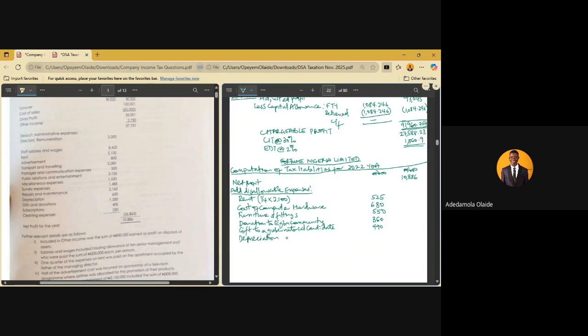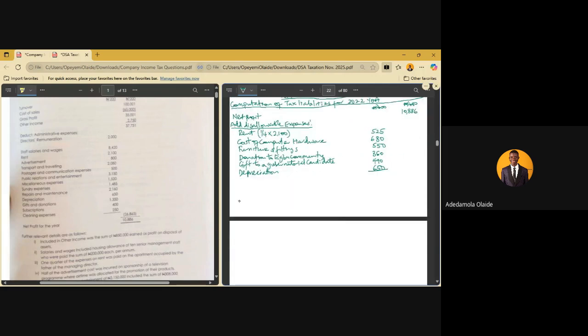Depreciation is how much? 650. Allowable, disallowable, gift and donation treated, subscription treated, cleaning expenses treated. So what is the summation for all this? What is the summation before we now list non-taxable income?